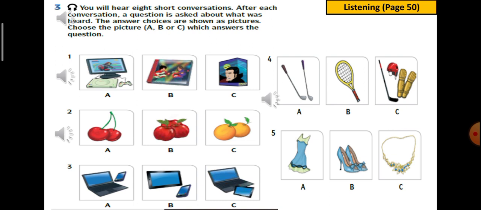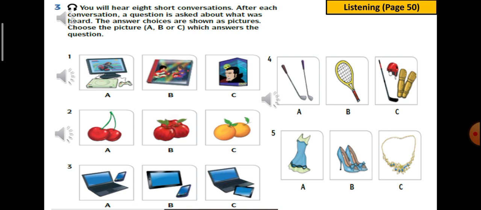Now, before the audio is played, what you can do is you can go through the set of pictures that they give you, or in other cases, they wouldn't give you pictures like what you see now in your textbook. They will give you sentences or statements. Right? It will come in the form of multiple choices. Now, whatever the form is, whether it's pictures or statements, sentences, before the recording starts, you observe and go through the pictures carefully.